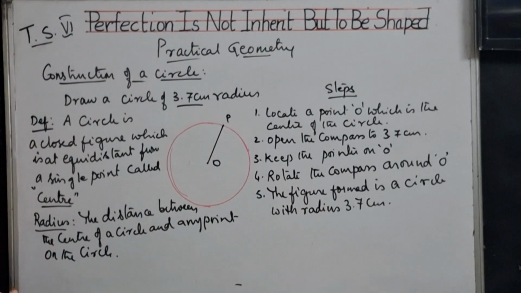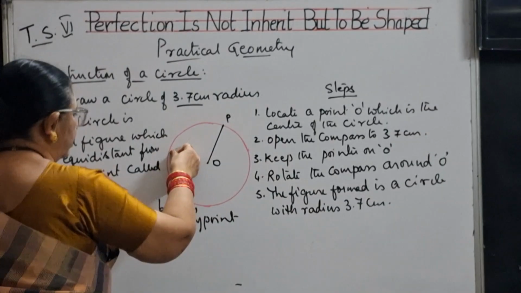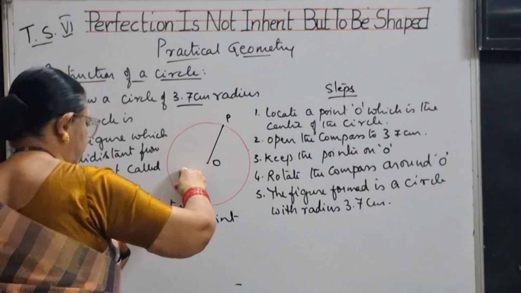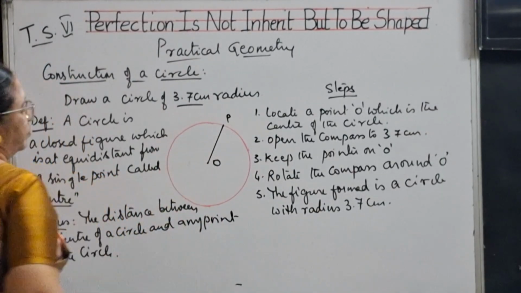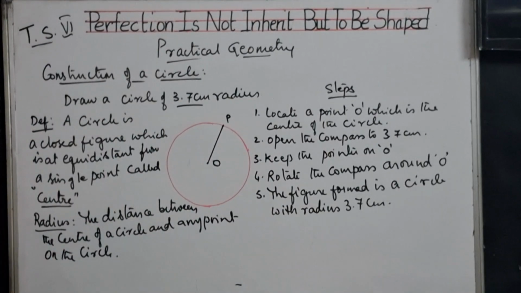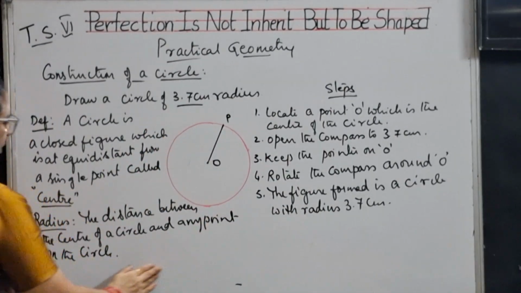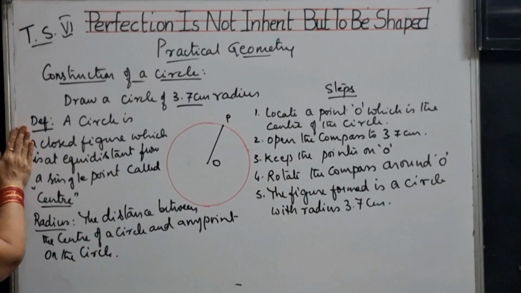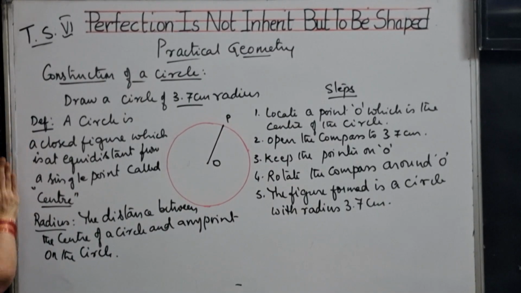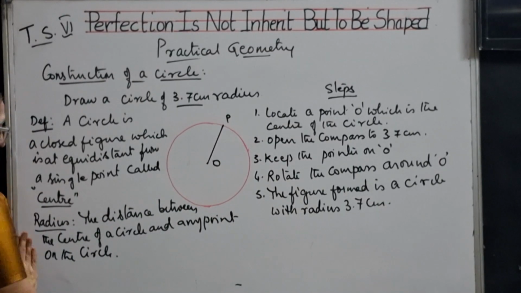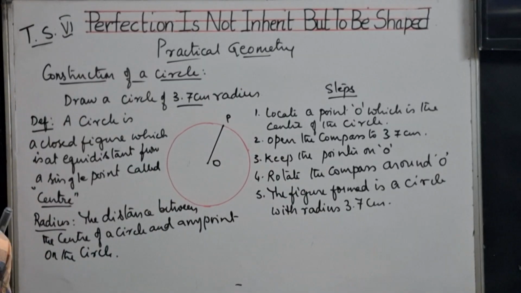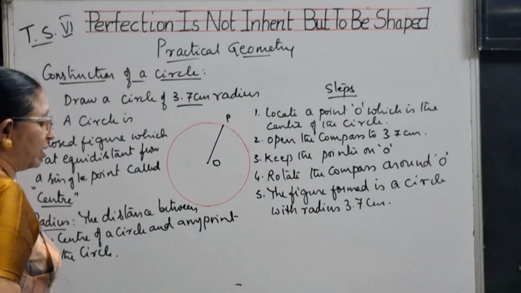This is only an introductory part. For every circle you need not do this, children. It is not required to do all this. This is only an introductory part which I am explaining to you, so that you will come to know what is a circle, what is the center, what is the radius of the circle. These are all the elements of a circle.